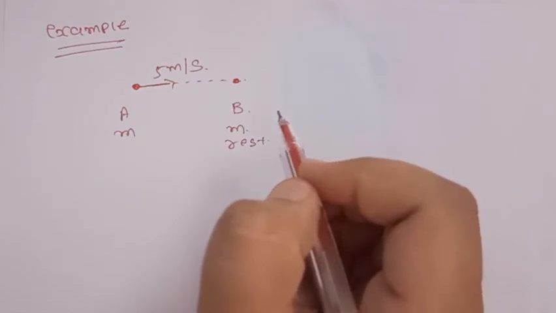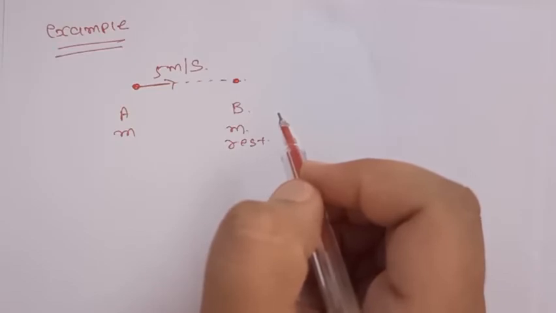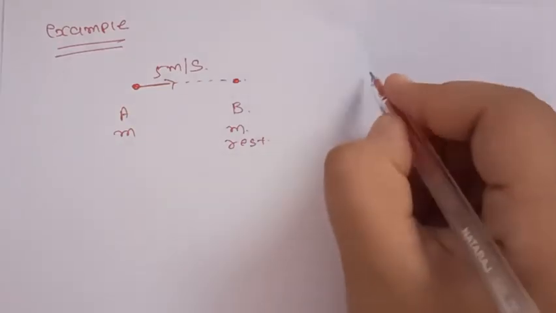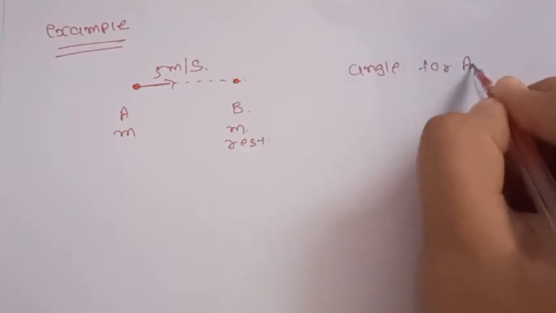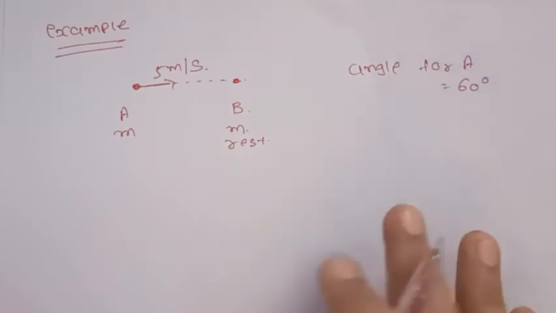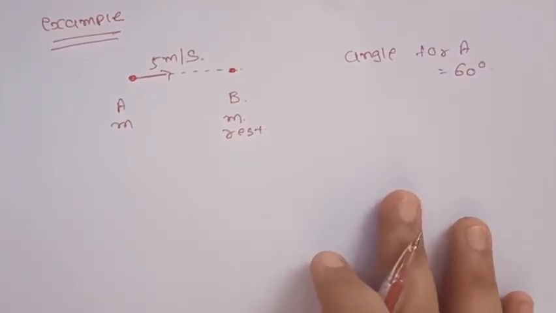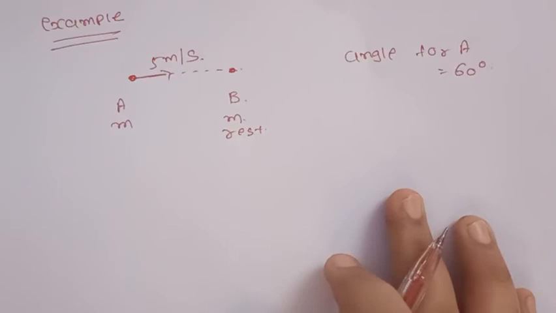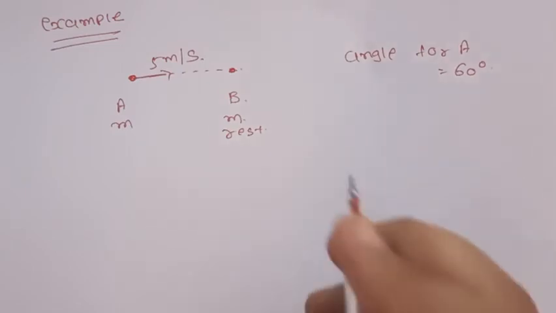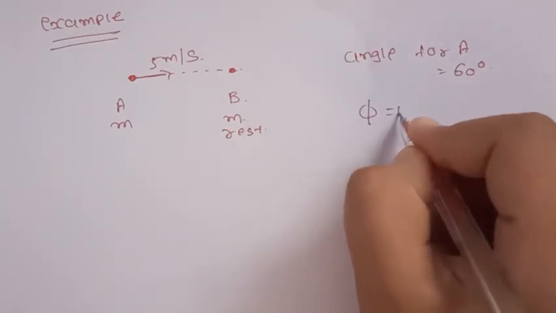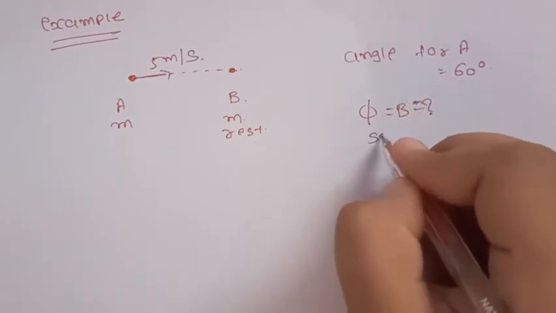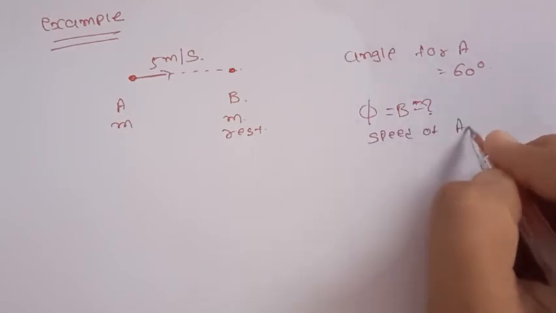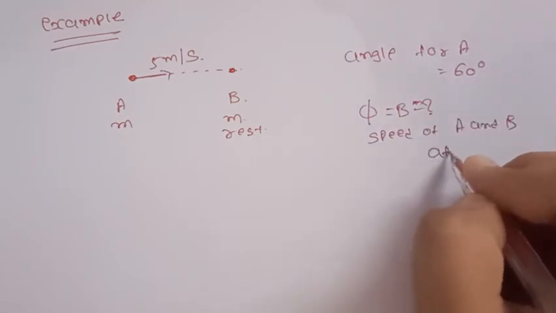After undergoing the perfectly elastic collision, particle A gets scattered through an angle of 60 degree. The angle for A is 60 degree. We want to find the direction for B and speeds of A and B after collision.